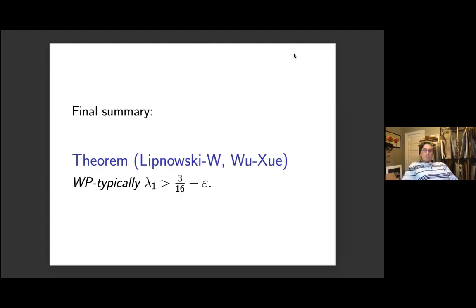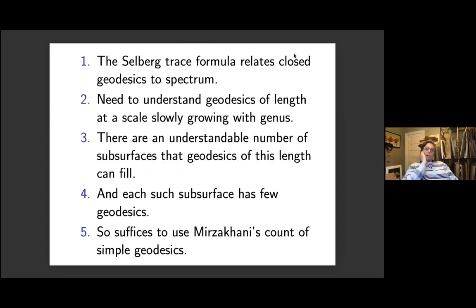So just to give you a quick final summary, we want to show that for Petersson typically lambda 1 is bigger than 3/16 minus epsilon. The proof goes as follows. The Selberg trace formula relates closed geodesics to spectrum. So we need to understand the geodesics of a certain length scale that's growing slowly with genus, this log G scale.